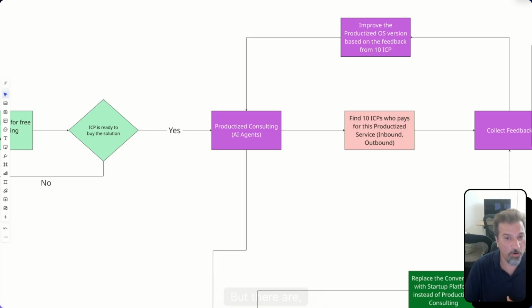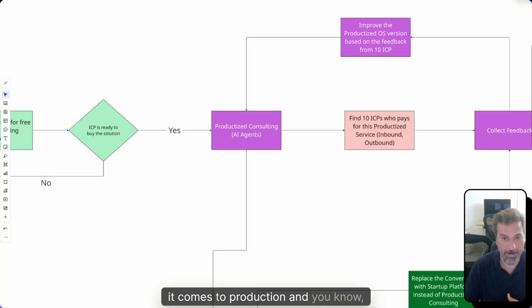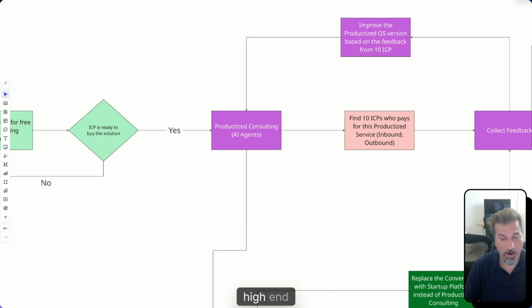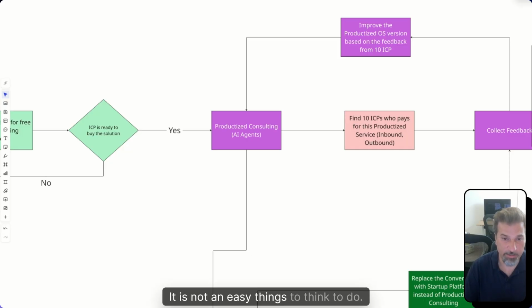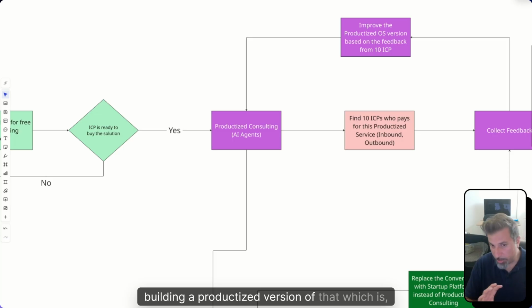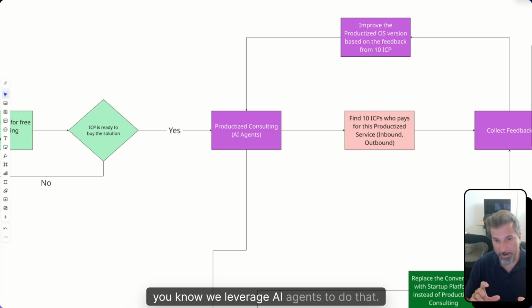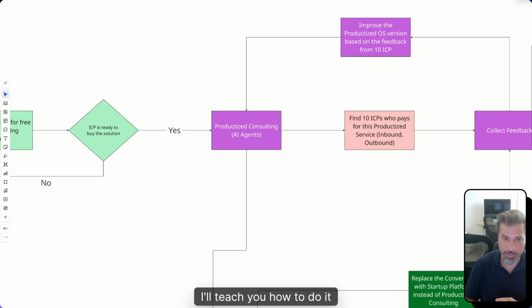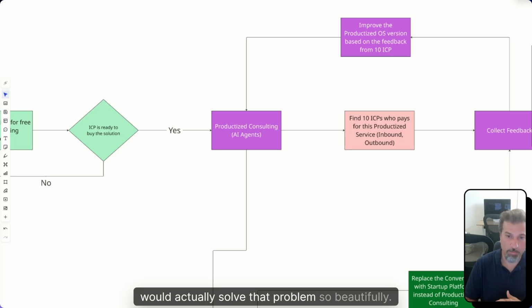But when it comes to production and very high-end outputs that would be judged by sensitive industries, it is not an easy thing to do. And building a productized version of that, where we leverage AI agents, I'll teach you how to do it, would actually solve that problem so beautifully.